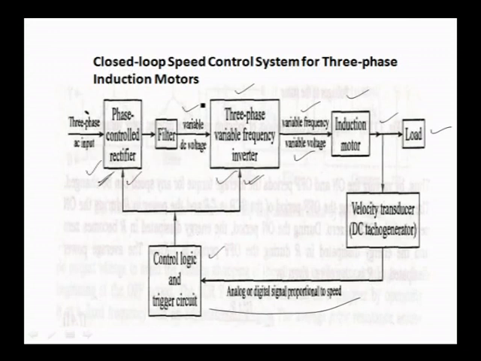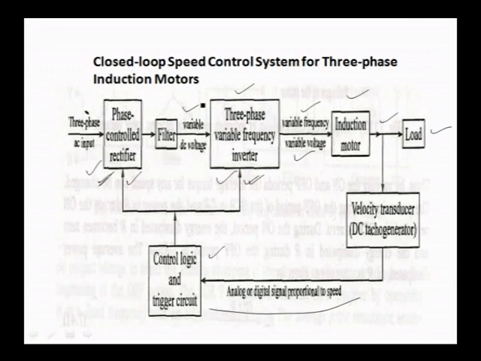By varying only the frequency, the flux also gets varied, which affects the magnetic balance of the motor. So losses increase and efficiency decreases. Therefore, varying only the frequency of an induction motor is not a popular method; it is inefficient.